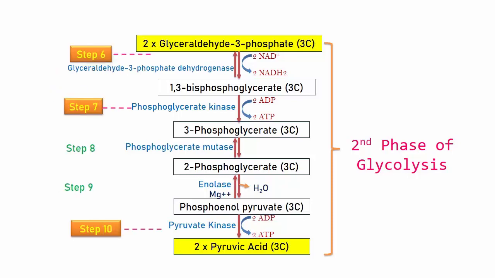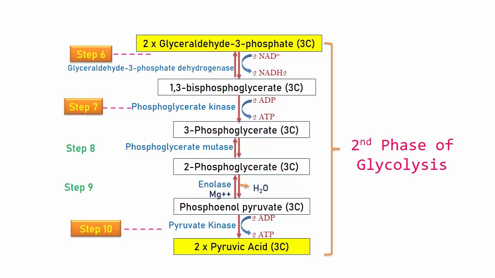See carefully, out of the 5 steps, that is, reactions shown here, energy is generated in three reactions. Reaction number 6: when two molecules of glyceraldehyde 3-phosphate are converted to two molecules of 1,3-bisphosphoglycerate, two molecules of NADH2 are released.